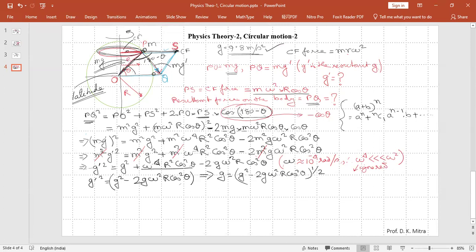Now, in this case, since omega is small, it is enough to take the first two terms. The third term onward will be so small that it can be easily ignored.